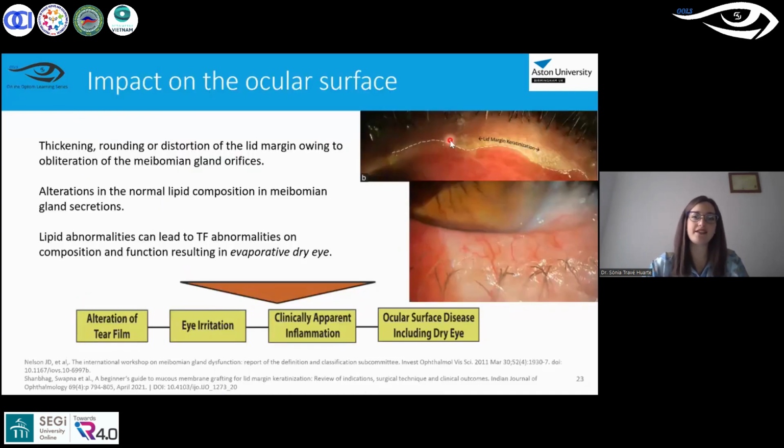Other things that we can see on the lid margin, it's always very, very important. It's not only about just looking at the glands, look at the lid margin, look at the lashes, look at the lids. Is there any change? I always look at the thickening and rounding of that lid margin. Can you see that that is not regular? There's sort of a bit of bumps in them. There could also be some notching.